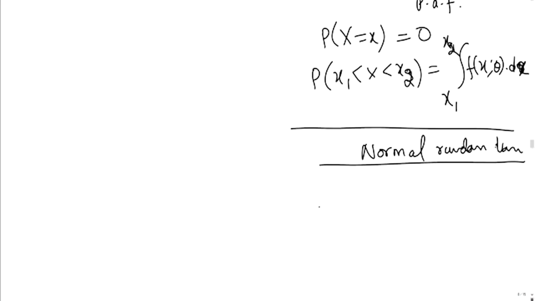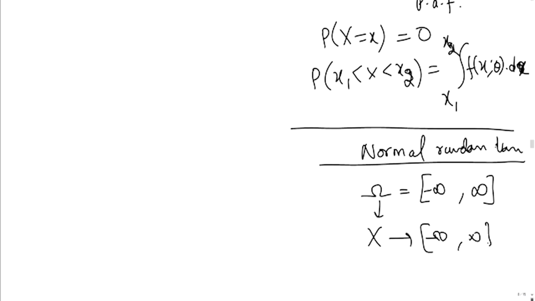Let us say you have a continuous sample space omega that can take any continuous value between two points, say minus infinity and plus infinity. You can define a random variable x that takes values between minus infinity and plus infinity.